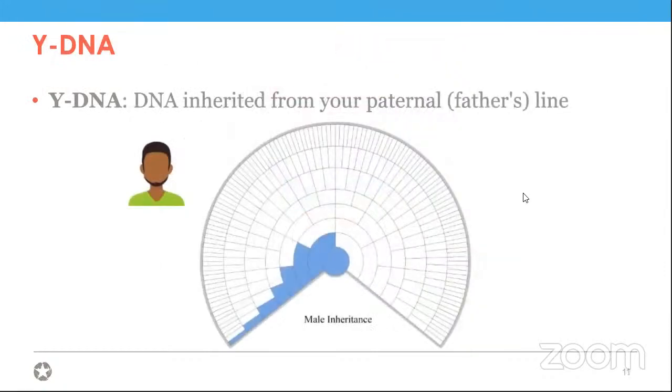So we'll move on to our first DNA chart that we're going to explain. And this is going to be the more simpler DNA fan chart. This is for Y-DNA. And like we mentioned earlier, Y-DNA is DNA that is inherited from your paternal or father's line. And only sons are going to receive that Y-DNA.